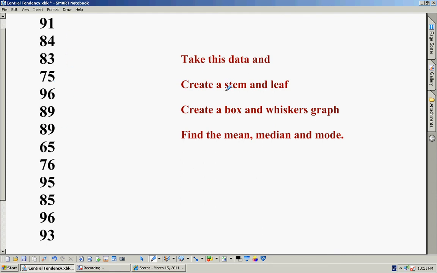I want you to take this data, create a stem and leaf, and then create a box and whiskers, and then find your mean, your median, and your mode of this data. When you have finished, turn the video back on and check your answer. At this time, pause the recorder.